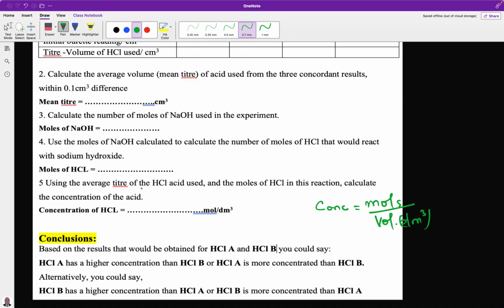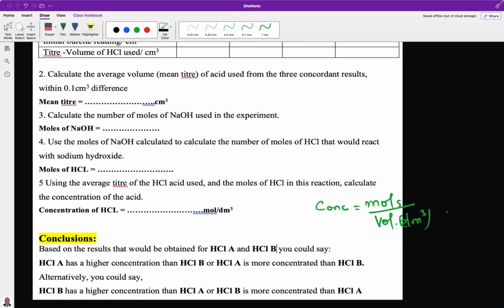The question says use the average titre of the acid and the moles of the acid to calculate the concentration of the acid. You have got the moles of the acid. You have got the average titre, that was the volume of the acid. So you need to make it into 1 unit. The volume was in cm cube. You need to convert it to dm cube by dividing it by 1000.